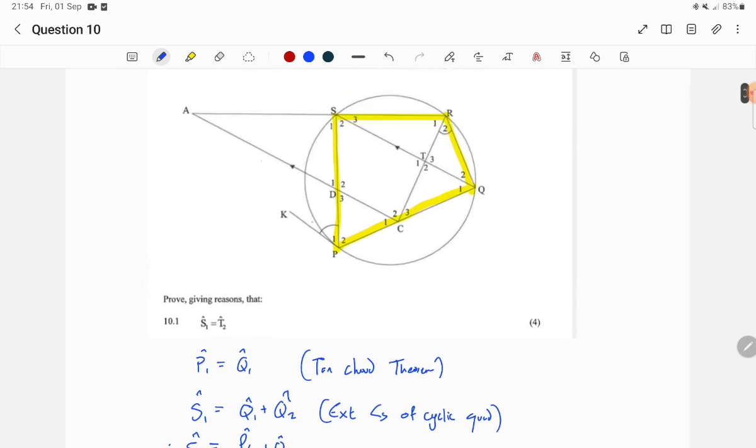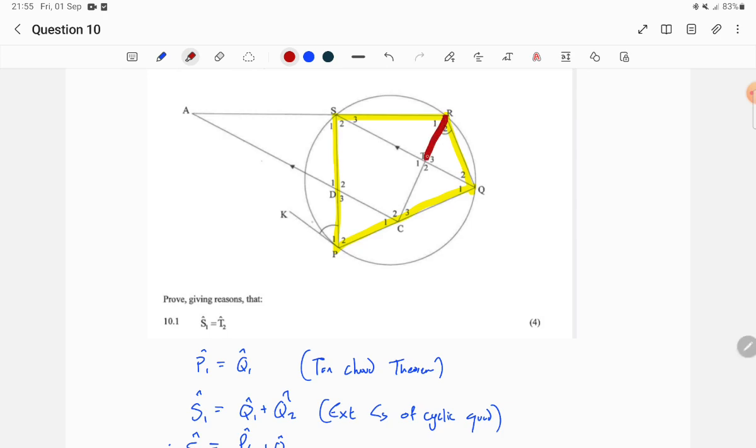And then if we have a look at T2, T2 is the exterior angle of that other cyclic quad. So if we highlight the other cyclic quad here, at least, there's no cyclic quad here. So T2 is the exterior angle of our triangle.